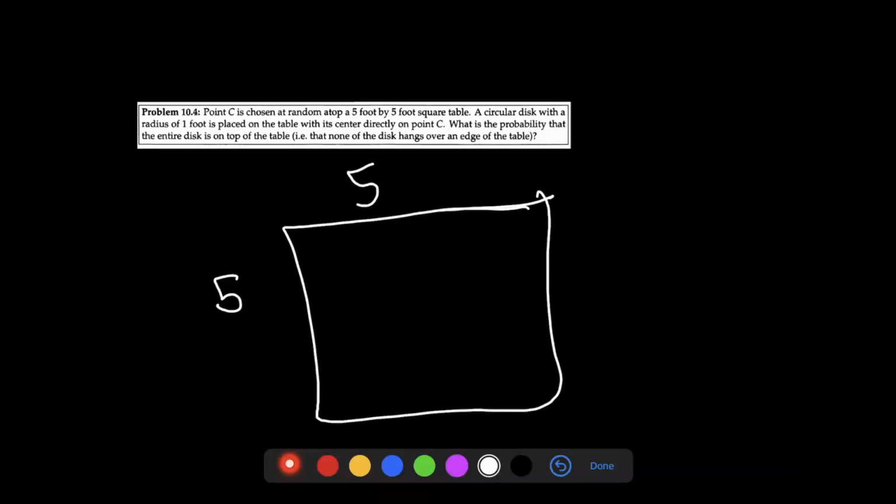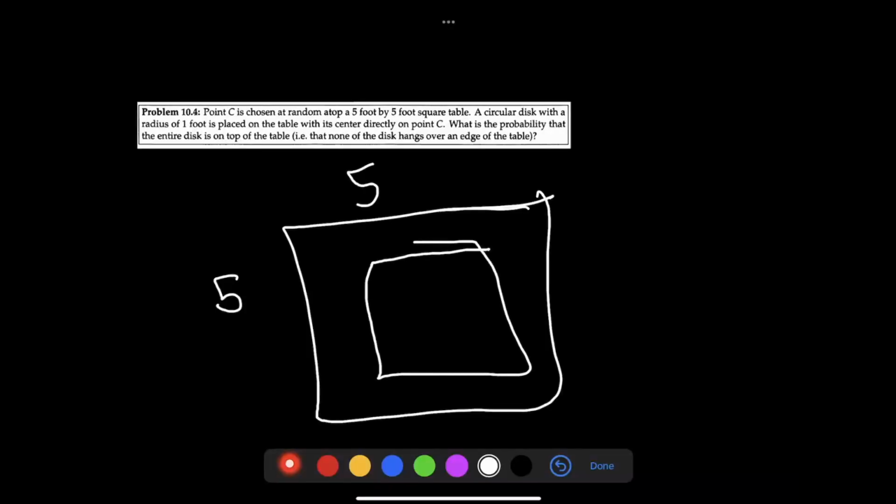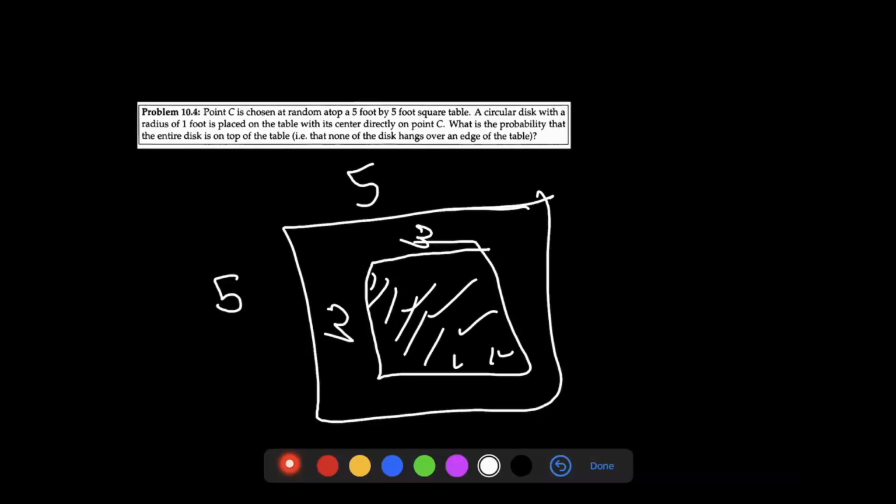So it would be in something like this, where we got a 3 by 3 square. And now we see that the probability that's in the square, which is the success, is 9, the area of it, over 25, the area of the outside.